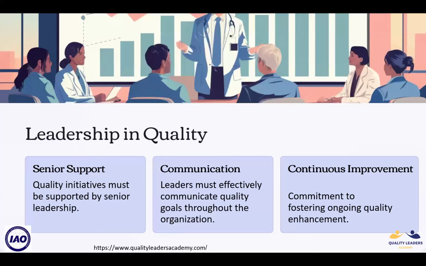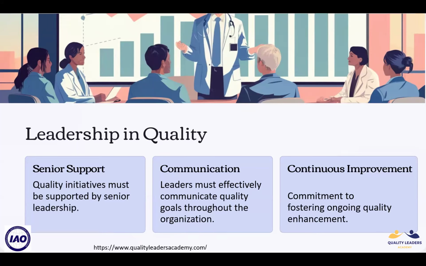Commitment to improvement, commitment to fostering ongoing quality enhancement is also responsibility of leadership. Okay. So in a way, when senior support is missing, or if communication is vague, or if continuous improvement is just a slogan and there is no actionable thing, then no quality initiative can take place successfully.